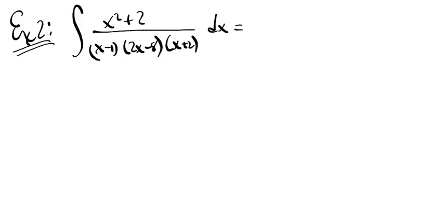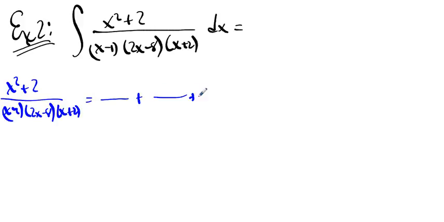So our thought is we want to turn this into the sum of three fractions whose denominators are the denominators. And each of these is a proper fraction, so that's a number, that's a number, that's a number.